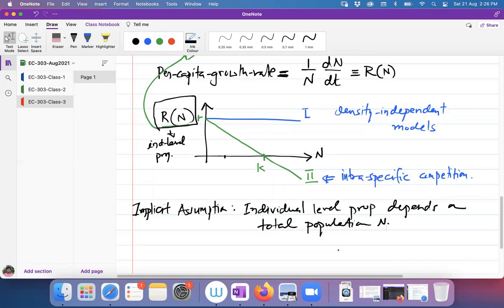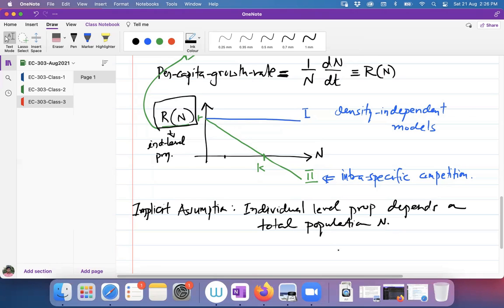So imagine you might be doing experiments with, let's say, bacteria. Let's say you grow them on some Petri plate. That could be one context to think about. The other extreme could be some big animal, like maybe elephants.